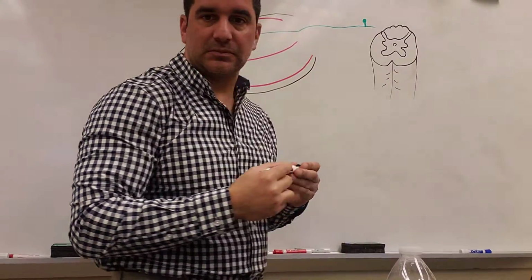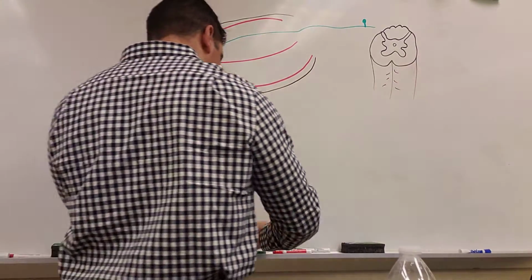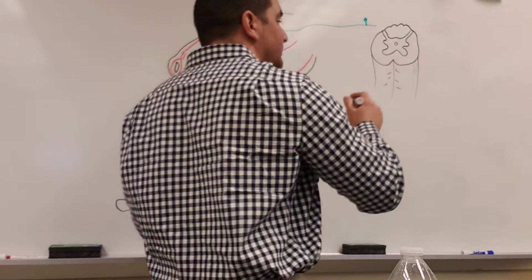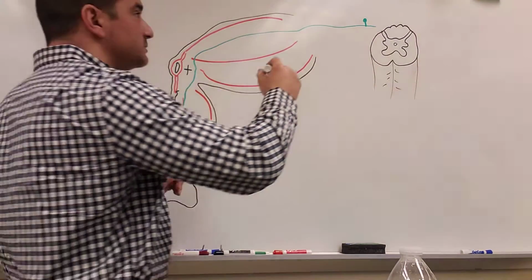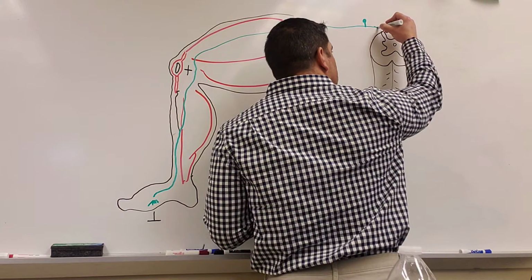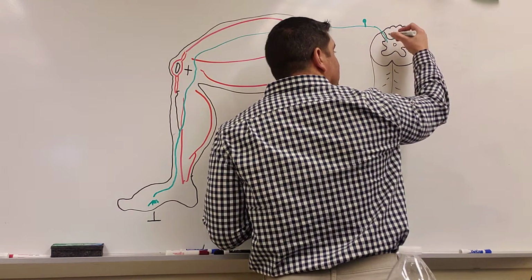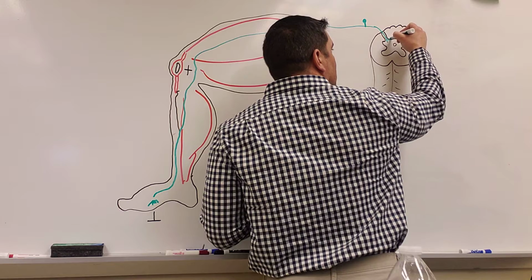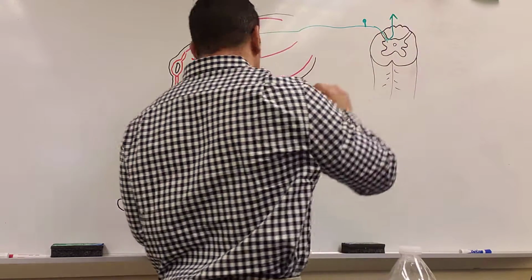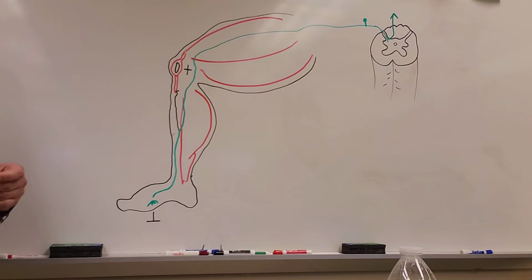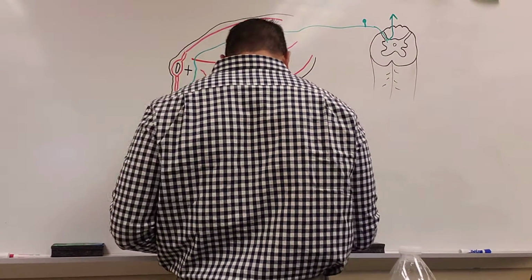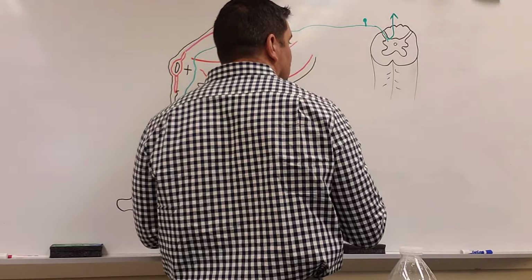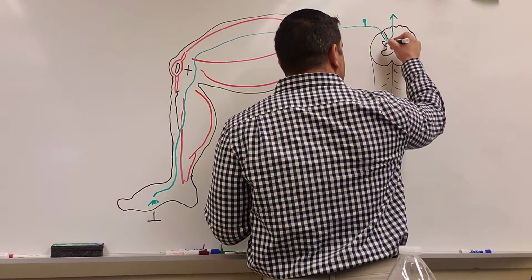All right. So now we've got this signal. This sensory signal is going to come in through, and we know this, the dorsal horn. It's going to collateral up to the brain to let the brain know, hey, I stepped on something. It hurt, okay? And then it's going to synapse. So we're going to have an interneuron here.